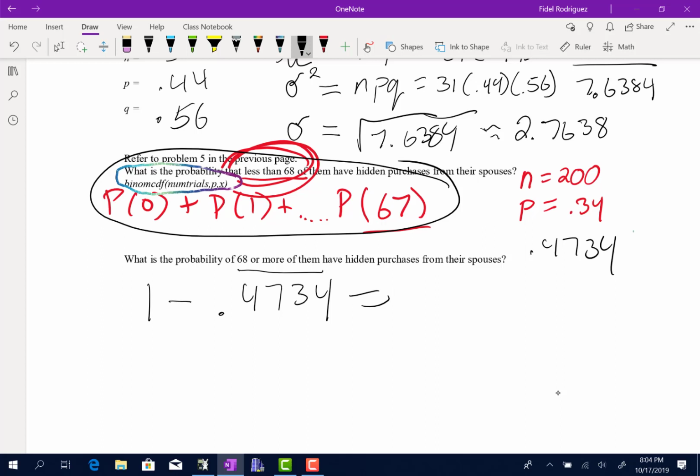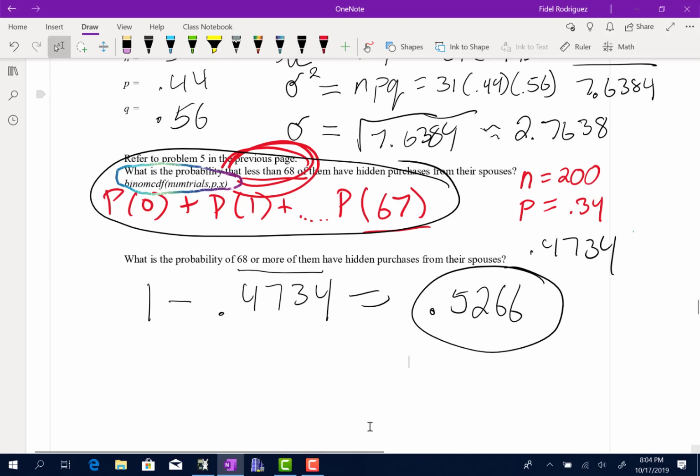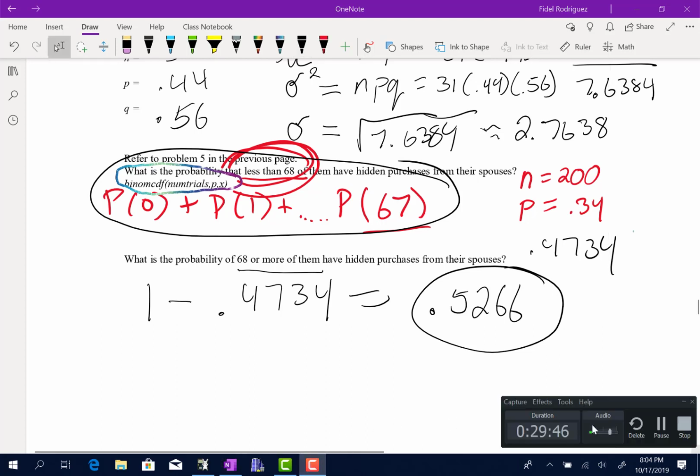If you take your calculator and ask what is 1 minus 0.4734, are you coming up with something like that? So according to this data, 68 or more of the 200 couples have hidden purchases from the husband or the wife. Right? Escandalosos. All right. So guys.